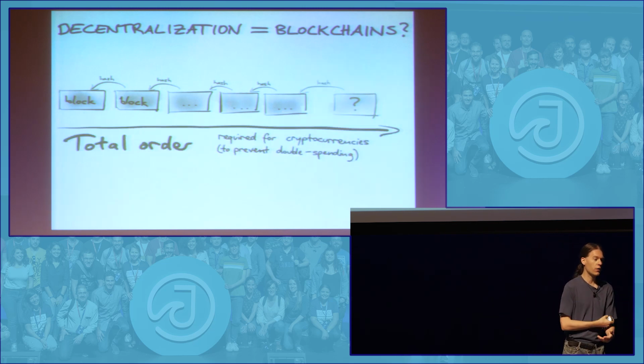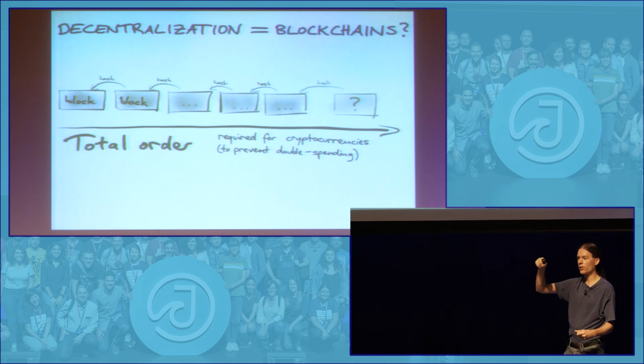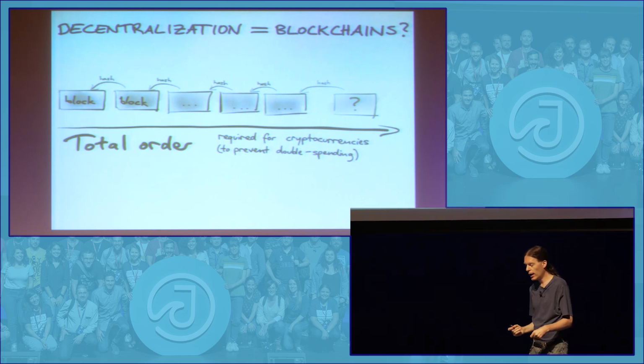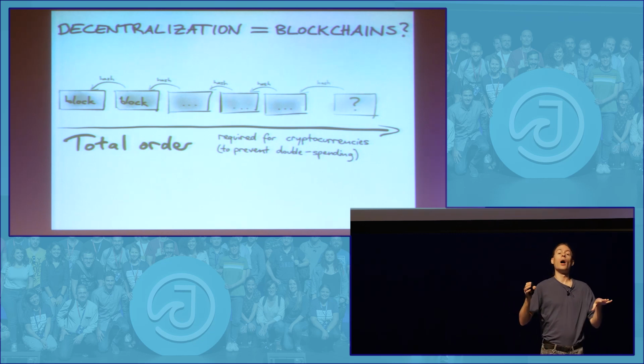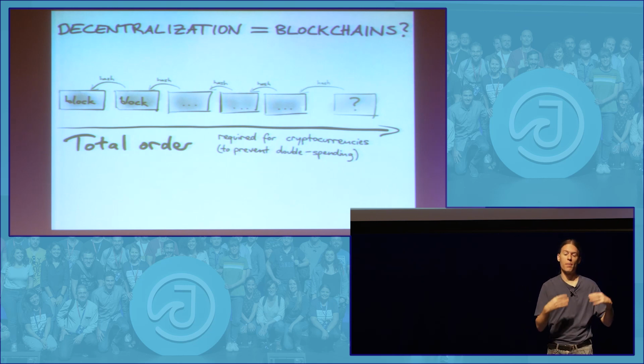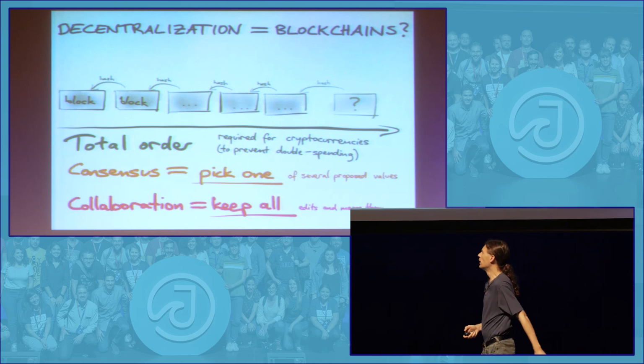And then everybody agrees on what that next block is. And this is nice because it gives you a totally ordered sequence of blocks, and deciding on which block is the next one prevents double spending attacks, which is one of the main reasons why Bitcoin has all of this complicated mining stuff.